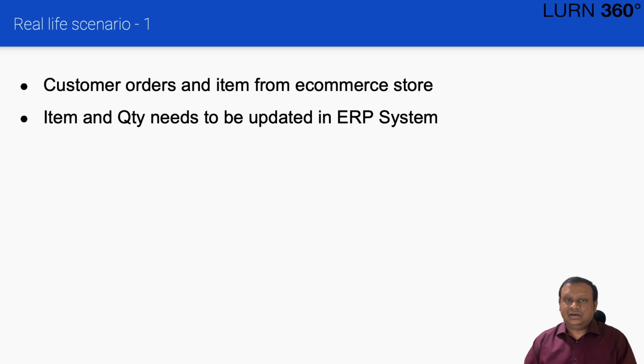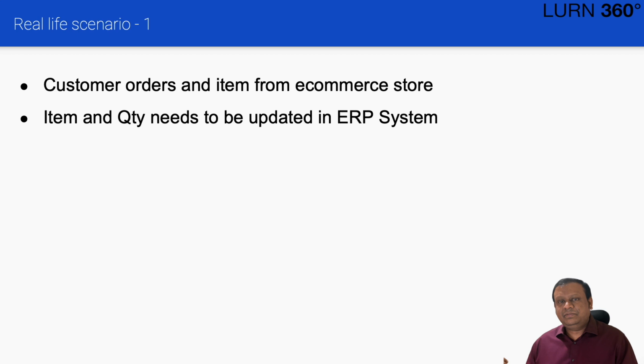The initial requirement is that whenever somebody places an order on the website, that's your e-commerce website built upon a different technology, whatever has been ordered needs to be updated in your ERP system. Let's assume your ERP is SAP or JD Edwards or Dynamics 365 or any other ERP system, or a custom built ERP system.